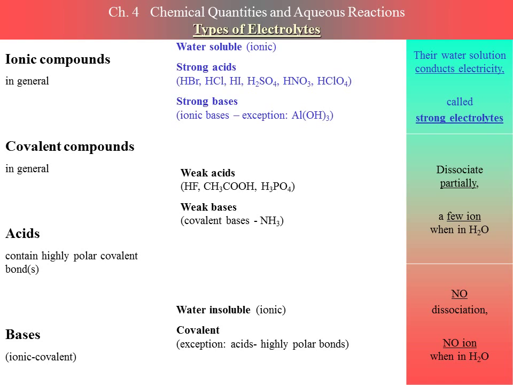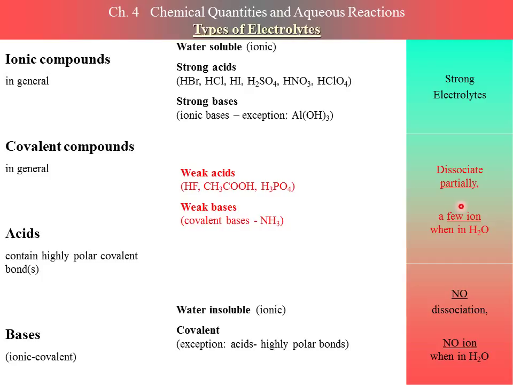We call these compounds strong electrolytes. The ones that dissociate partially provide a few ions to the water. That means they do conduct electricity, but not to a great extent. We call them weak electrolytes.